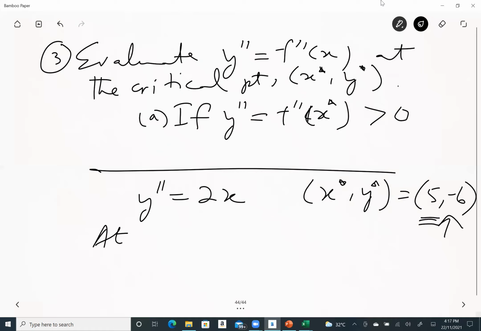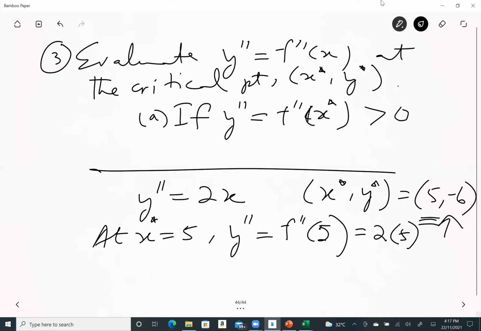At x equal to 5, that means x star, what is y double prime, or f double prime at 5? Substitute into 2x, so that will be 2 times 5 equal to 10.